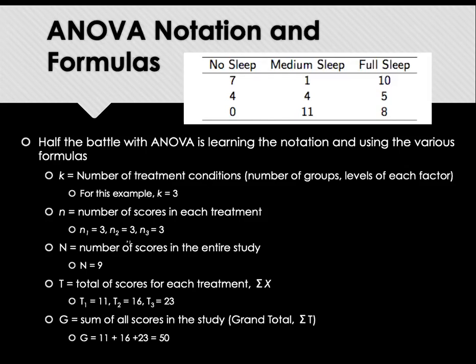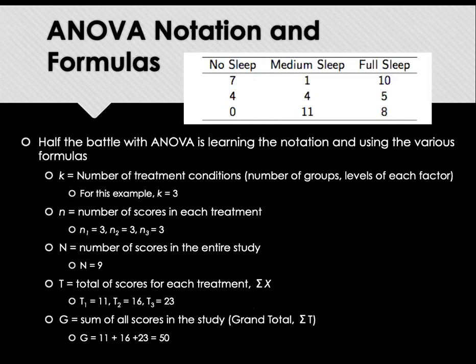So little n tells us there's 3 scores, and T2 will tell us the value of adding up those scores. So 1 plus 4 plus 11 gives us 16. So T2 is 16. For T3, we're going to add up 10, 5, and 8 to get 23. You can also use sum of x for each treatment, right? So the sum of x for treatment 1 is T1.